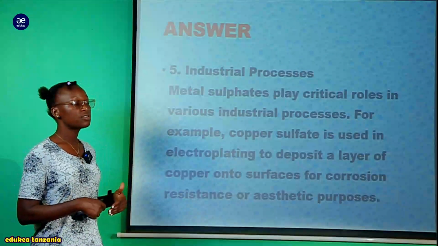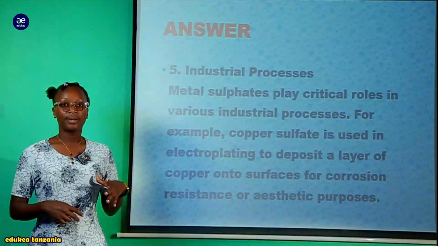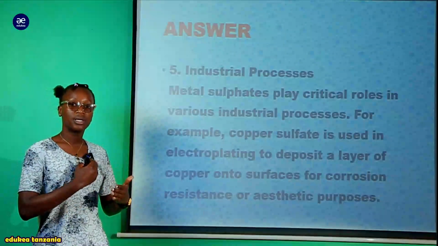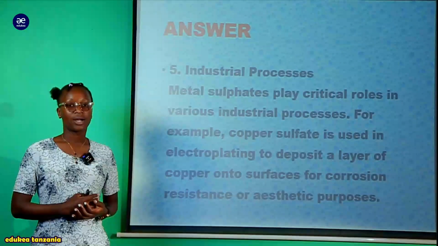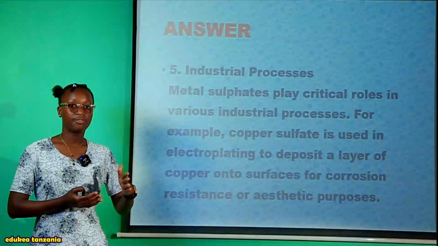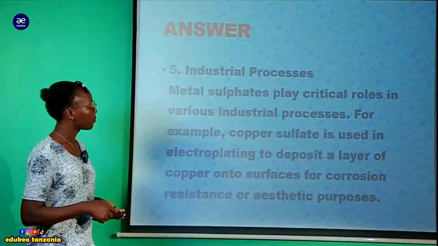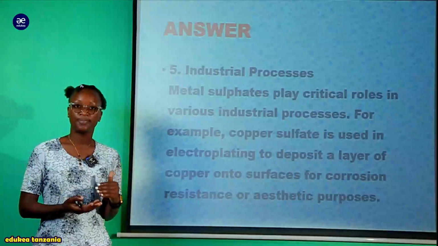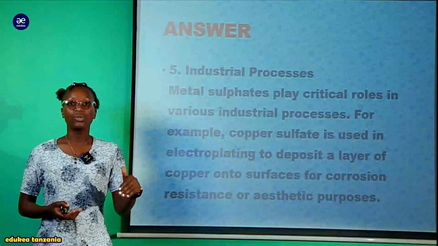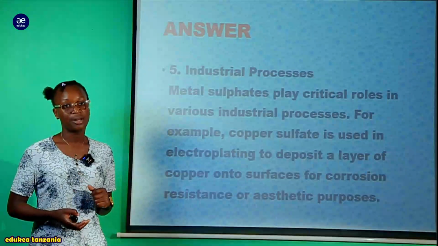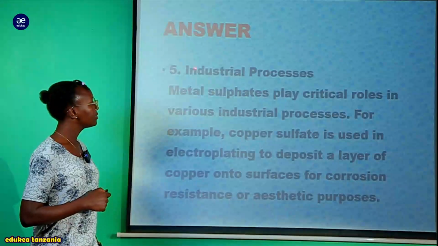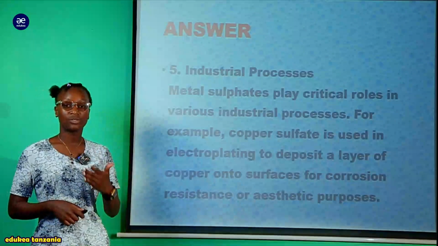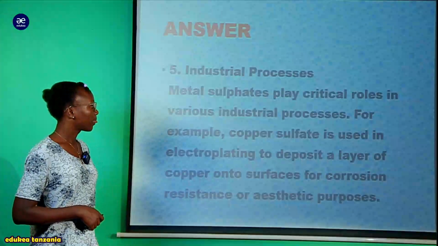Sasa in case of ili kuachana na hizo kind ya divide moja afu zote zina fit kwenye field moja, it's better we can generalize the field, then within that field is where you can explain those uses of those metal sulfate. So now let us see in the issue of industrial process, katika swala zima la industry.